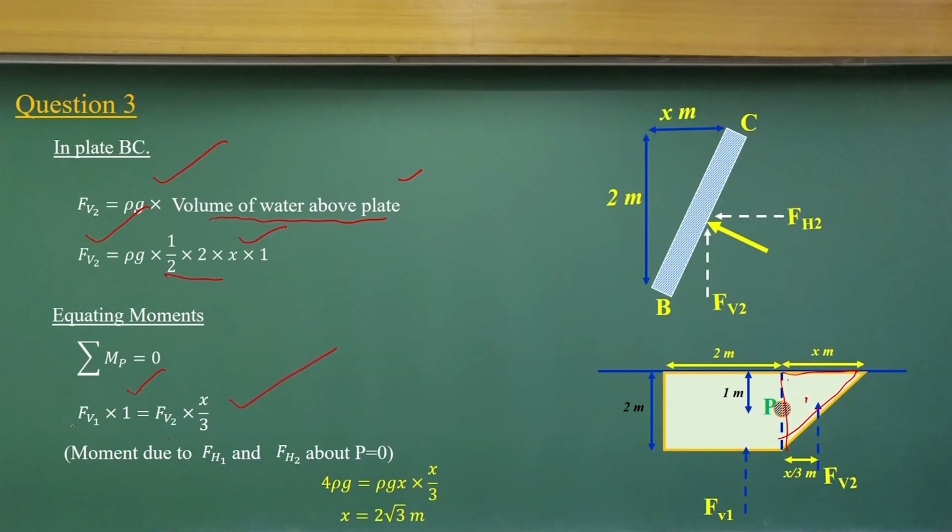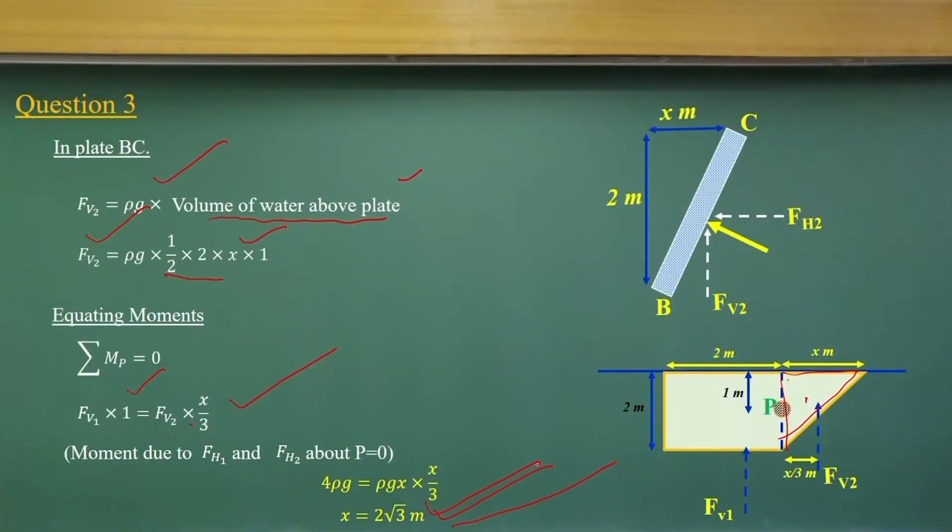So, that way we can take moments at the hinge location, and when you equate these moments, we will get the x value. If you look at these problems, they are very easy, you only have to resolve the force components. First you find the horizontal force acting on the different surfaces.